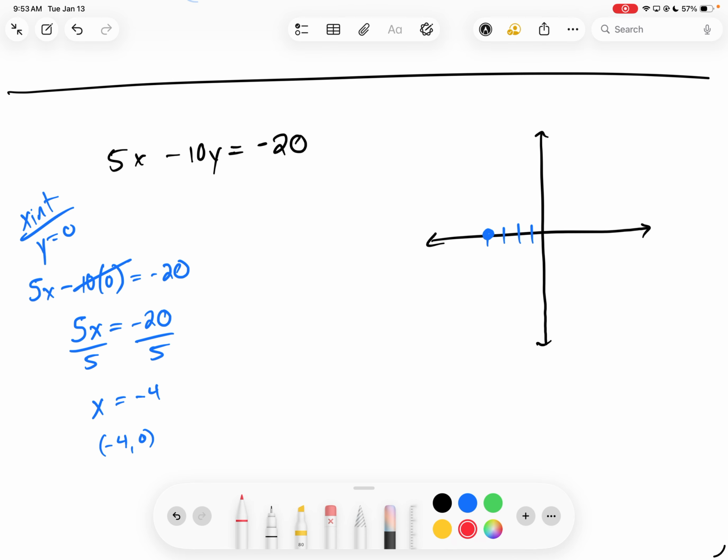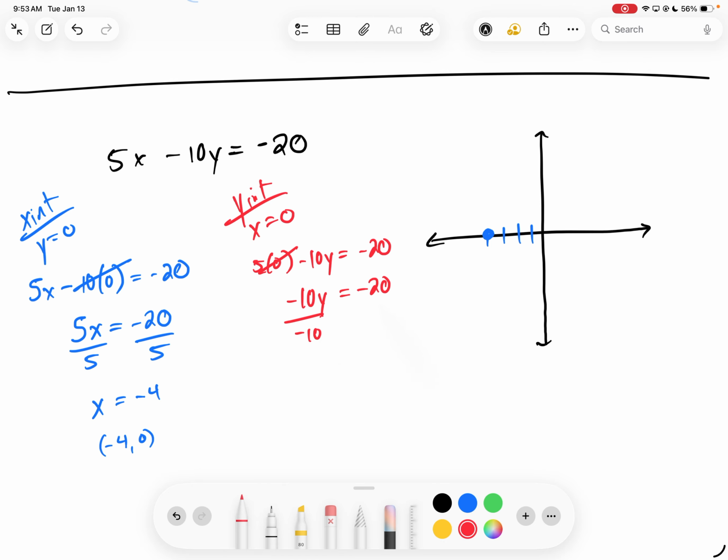Okay, so to find the x-intercept, you plug in a 0 for y. Now let's find the y-intercept and make x be 0. So 5 times 0 is 0, that goes away. The only thing I have left on the left side is -10y.